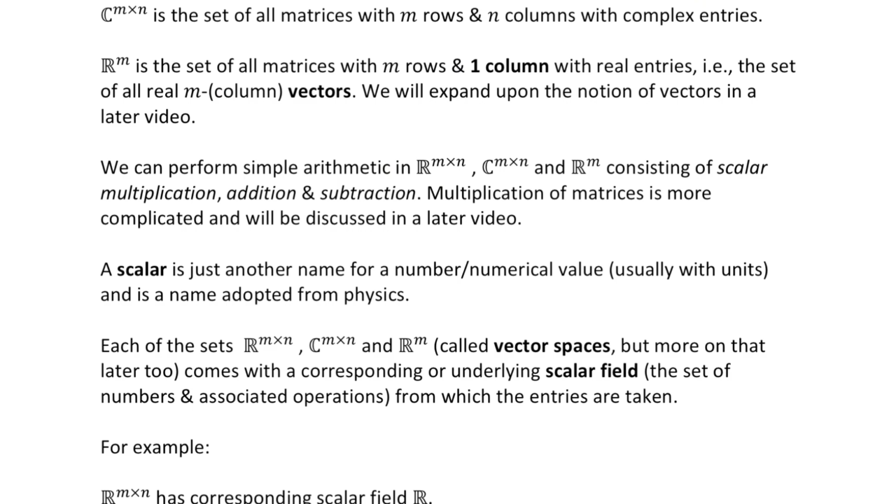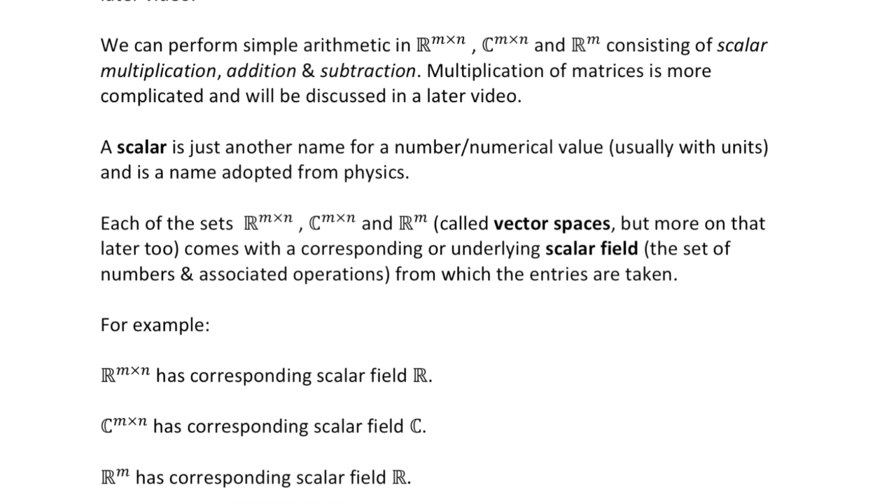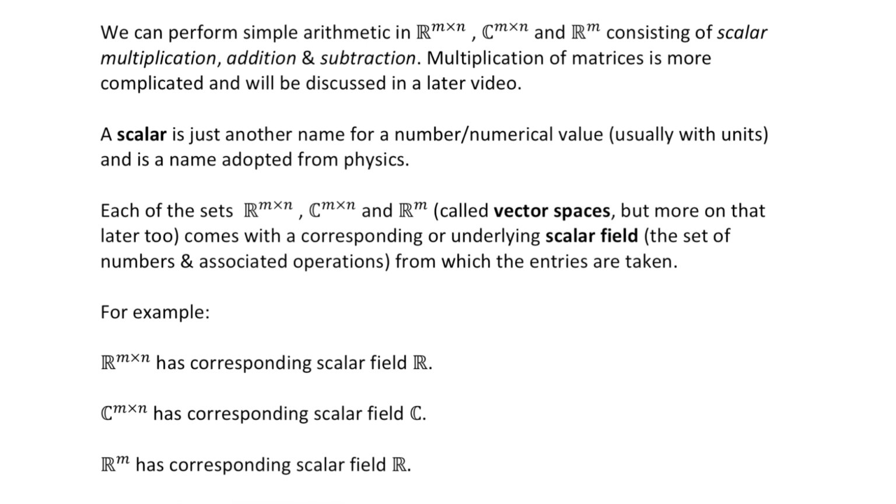A scalar is just another name for a number or numerical value, usually with units, though we'll often not have that in this course, and is a name adopted from physics. Okay, we'll talk more about scalars later on as well. Each of these sets, R^(m by n), C^(m by n), and R^m, are called vector spaces, but that's something we'll have to expand on later too.